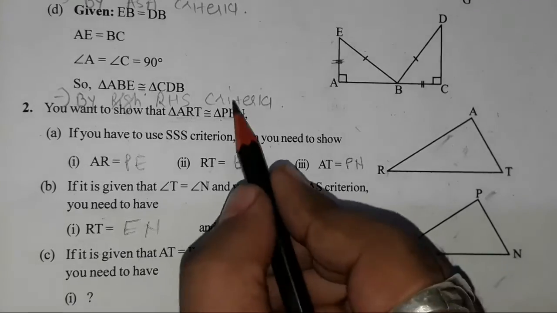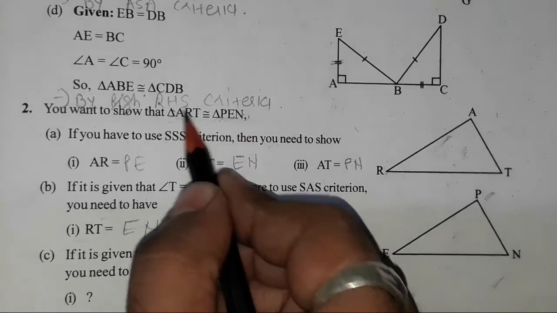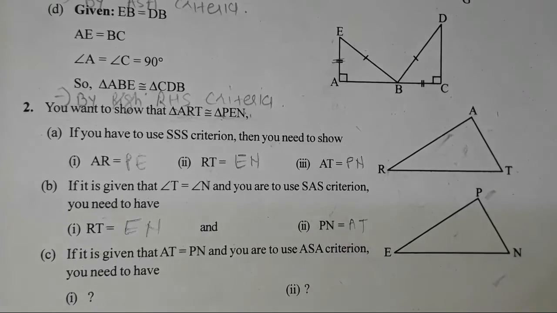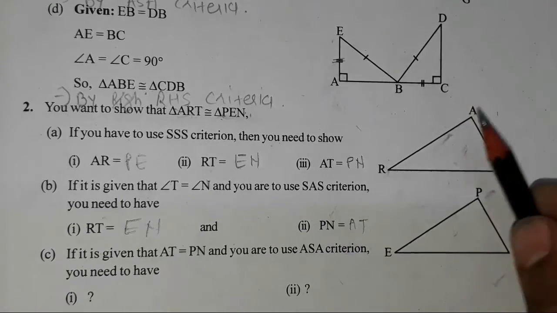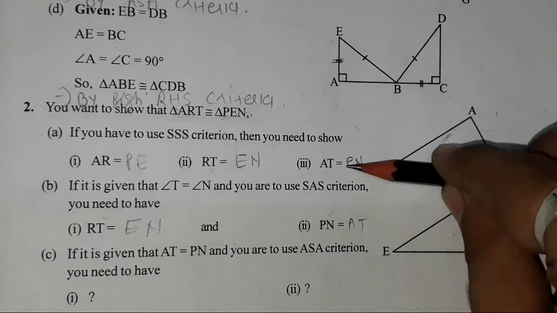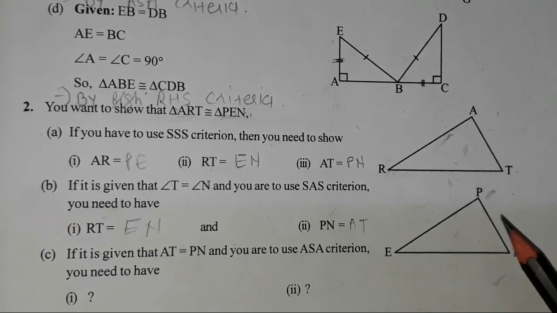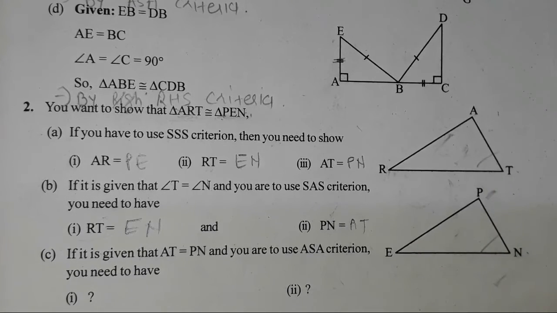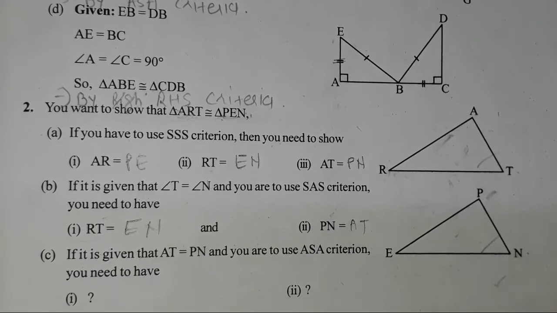Similarly, for side PN, the corresponding side is AT. Now you can see that AT corresponds to PN and RT corresponds to NE, and the angles included between these two sides are equal.